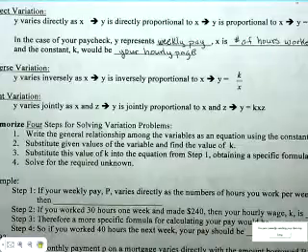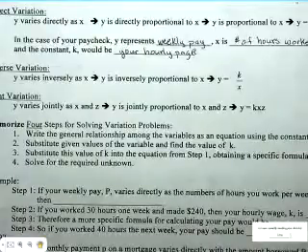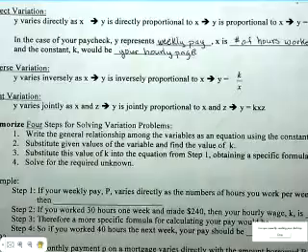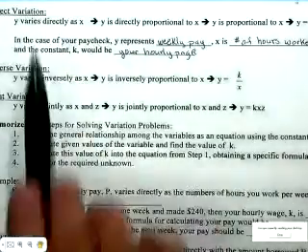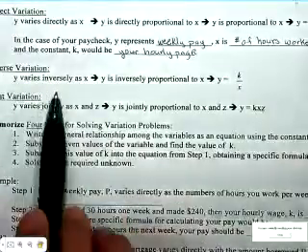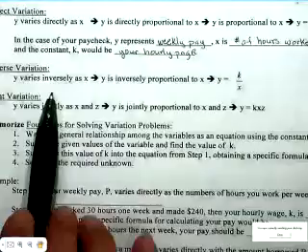That just means either write y equals k times x or y equals k divided by x, depending on whether the problem says varies directly or varies inversely. So the first thing is just decide which type of variation you're dealing with and write y equals k times x or y equals k divided by x.